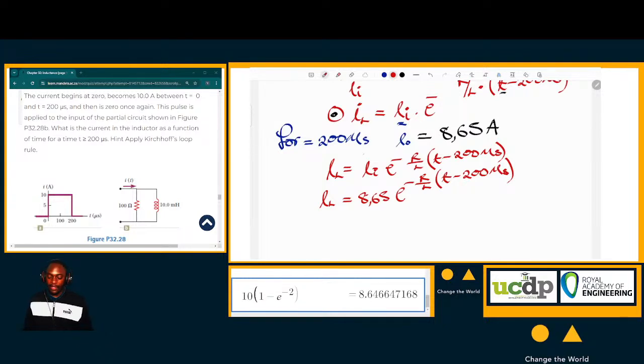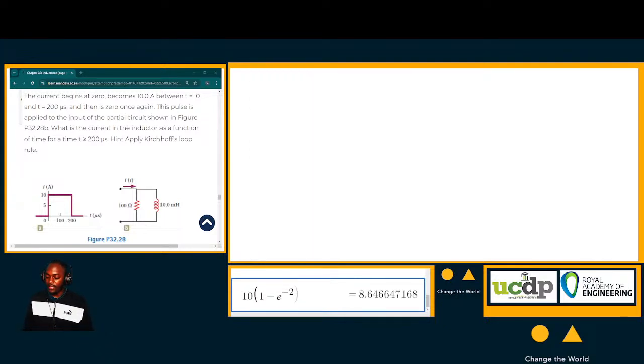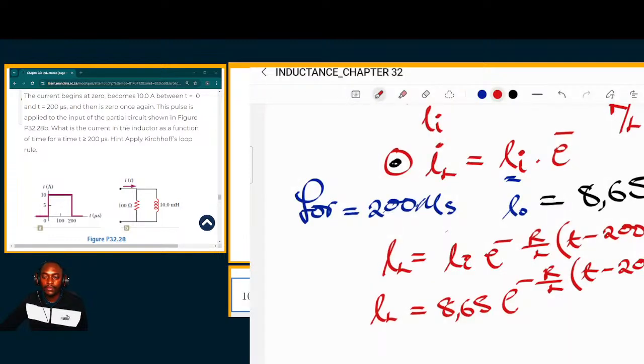And remember that your R over L is the inverse of your time constant. I just lost my display, just a moment, I'll try and adjust.